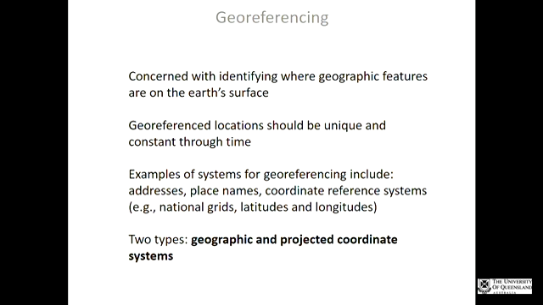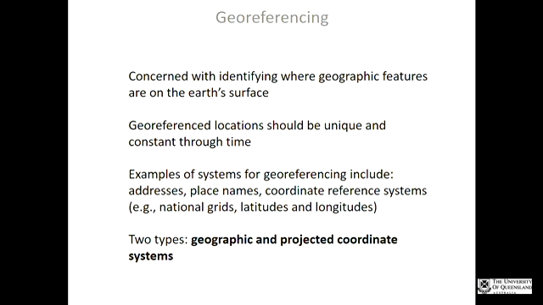Some simple examples of georeferencing are addresses. When we used to use post, I guess we still do in a way, an address is essentially unique. You can post a letter or a parcel to an address anywhere in the world, and although there are some exceptions, it will be unique. So that's a georeferenced location. Place names are essentially georeferenced.